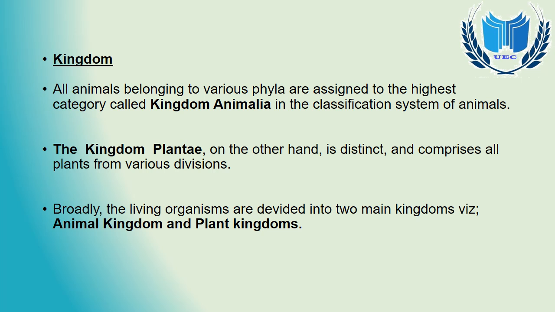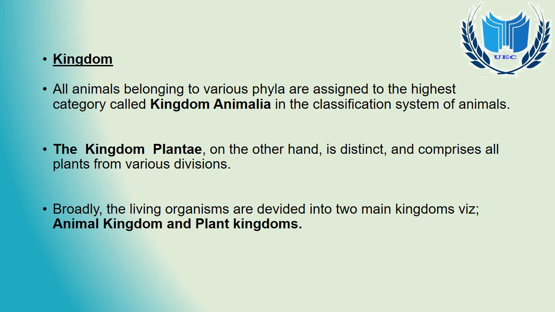In kingdom Animalia, all types of animals, whether they are chordate or non-chordate, aves, protozoans, etc., every type of animal is included, while in kingdom Plantae, all types of plants on the earth are included in this kingdom.